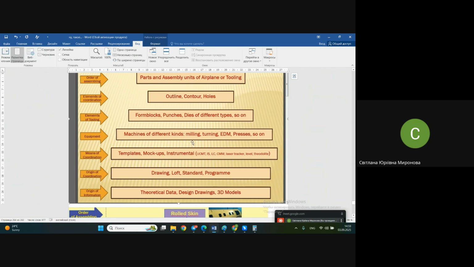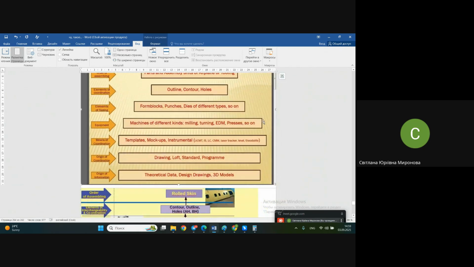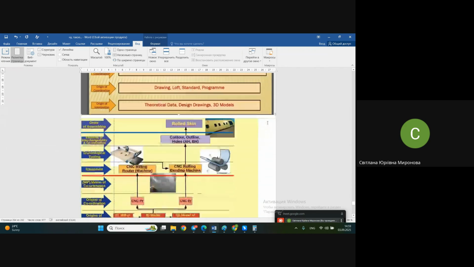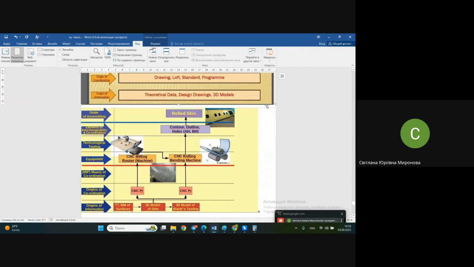What we see here is that we separated all the things we are working with into levels, organizing it in our minds a little bit. You remember the story about the obsession of manufacturing engineers and technologists with categorizing everything into classifications. That is a result of our obsession also. Moreover, we create so-called diagrams of coordination, special drawings which are not so picturesque.